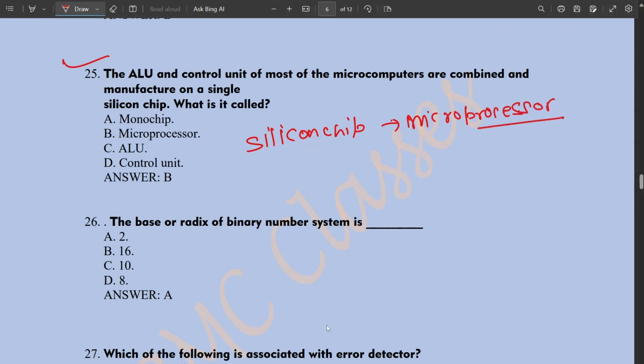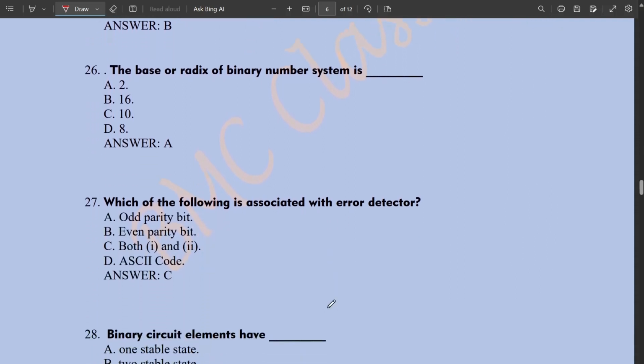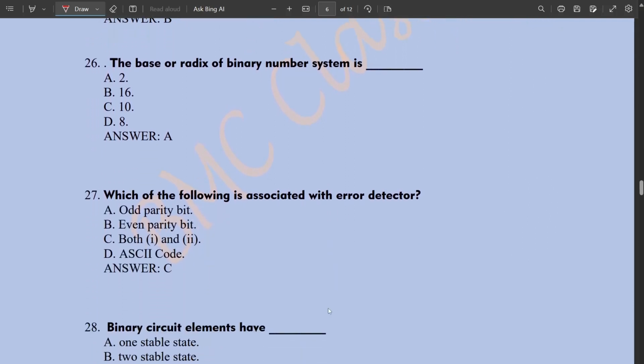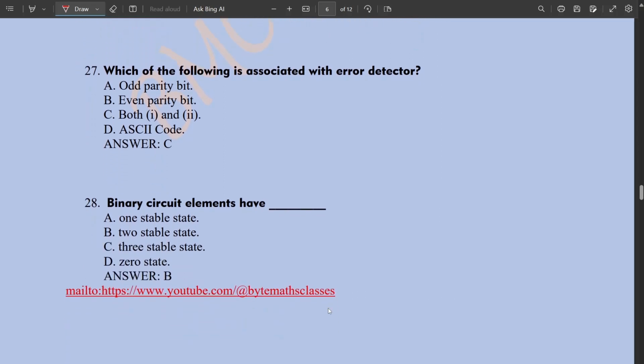Next, the base or radix of the binary number system. This is a very easy question. The base is 2, binary. Option B is correct. Next, which of the following is associated with error detection? A and B are correct. The odd parity bit and even parity bit are both associated with error detection.